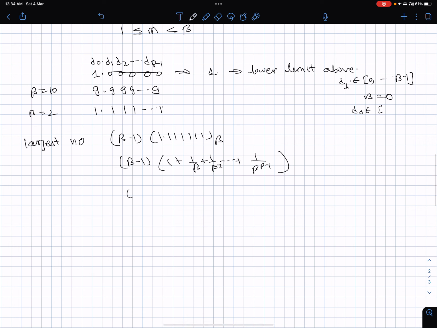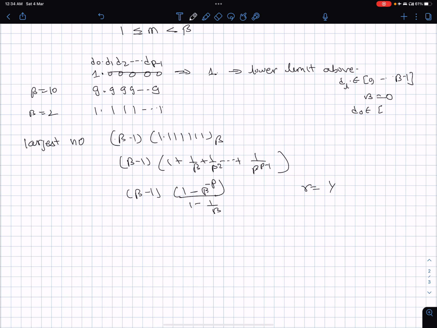So you can see that it's a geometric series. Therefore, a into 1 minus r to the power n, where r is beta to the power minus 1 and n is p, the precision. So 1 minus beta to the power minus p, divided by 1 minus r.